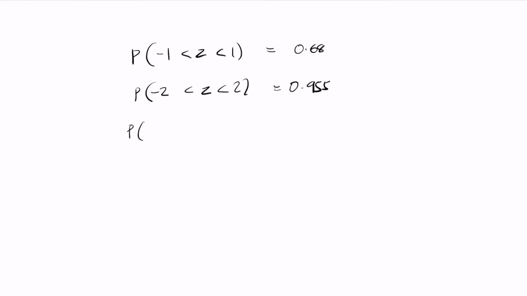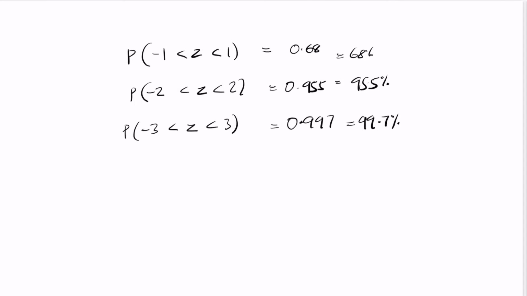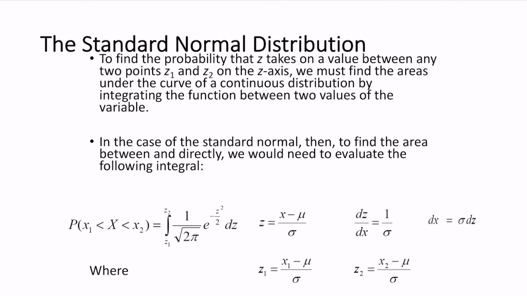And if you take the probability of -3 less than z less than 3, that is 0.997. Notice the values are exactly similar to what we did before, because standardizing using a z-score helps us find probabilities much more easily rather than using the formula every single time.